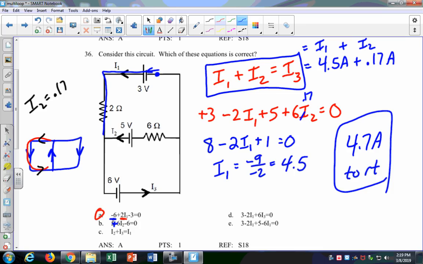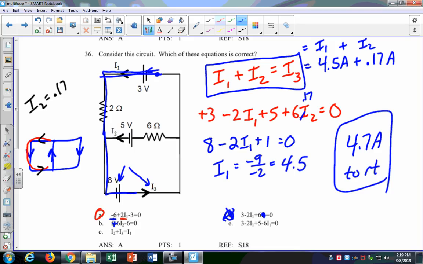So far, that's okay. Plus 6I3. This is a common mistake that people see the 6 right here and assume that it has an I3. But that 6-volt is a battery. It's not a resistor. So this is wrong because that I3 shouldn't be there. Not correct.